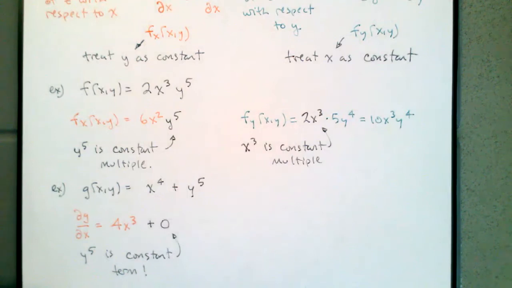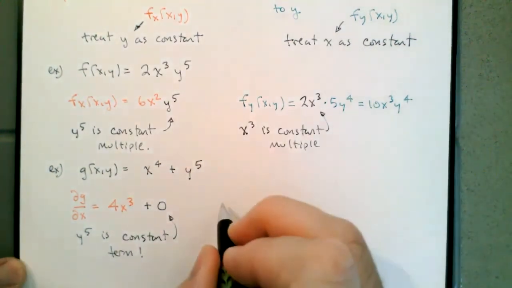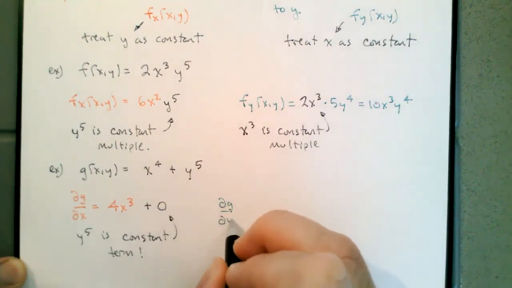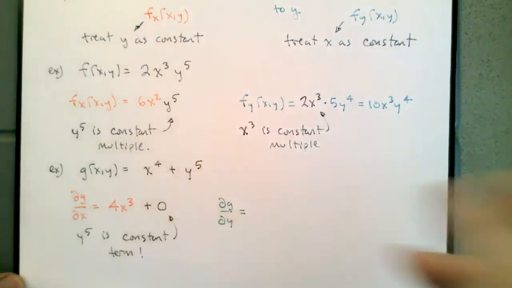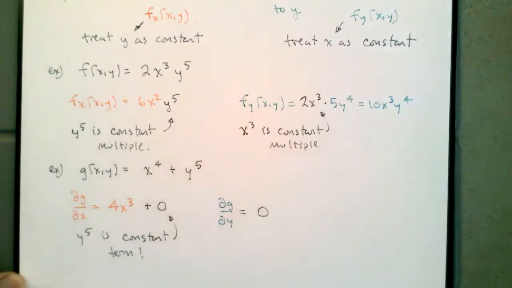And the derivative of a constant term is 0. So similarly, the partial derivative of g with respect to y: the derivative of x to the fourth, a constant term, is 0.